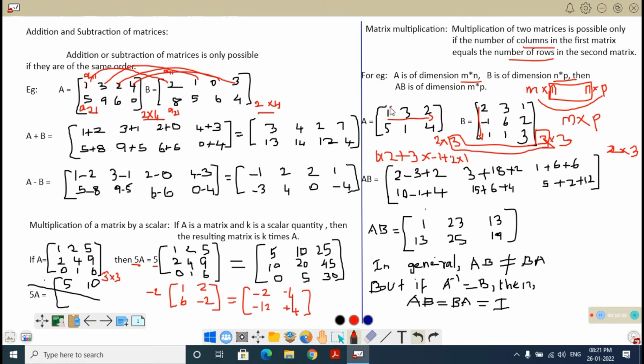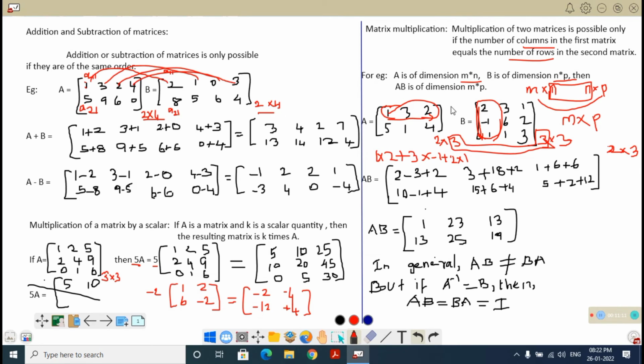So 1 times 2. This first row, first column: you take this first row, this first column, and find the product of corresponding elements. Corresponding elements means first number into first number, plus second number into second number, plus third number into third number. That's all, simple. So 2 minus 3 plus 2.